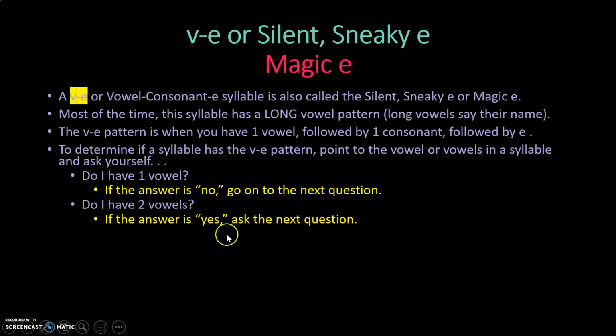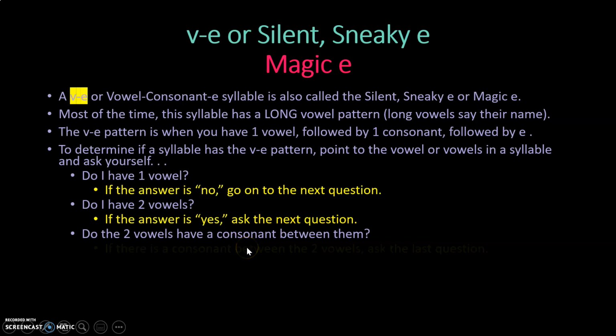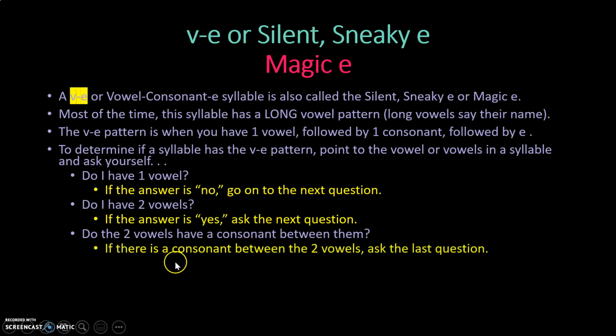If the answer is yes to the second question, ask the next one. If you have two vowels, ask yourself, do the two vowels have a consonant between them? Meaning a consonant, only one. So if there is a consonant between the two vowels, ask the last question. Is the second vowel the letter E at the end of the word or the syllable?